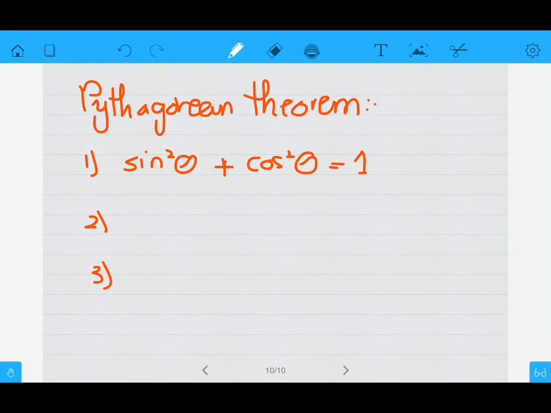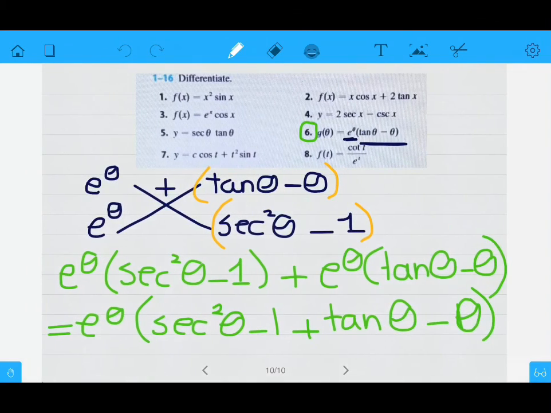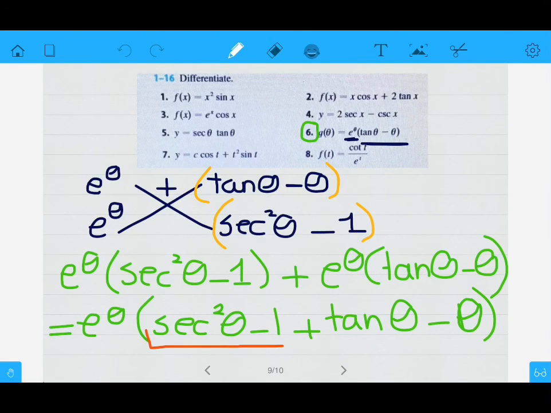Also, 1 plus tan squared theta equals sec squared theta. And 1 plus cot squared theta equals cosec squared theta. See? Now in the previous example we had sec squared theta minus 1. What do I have here? This is tan squared theta, okay?